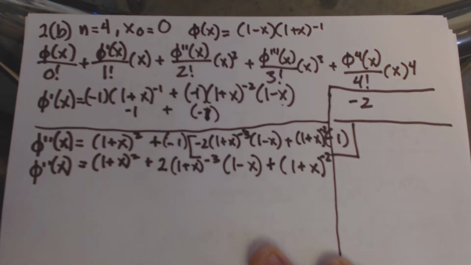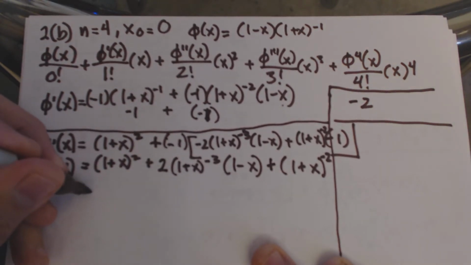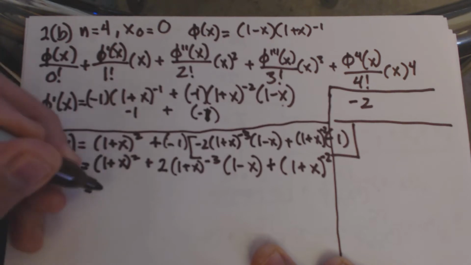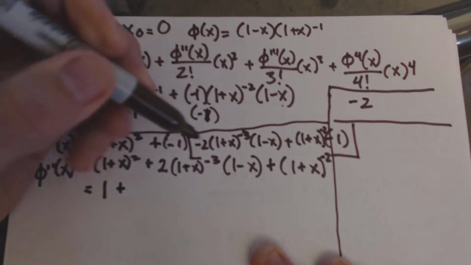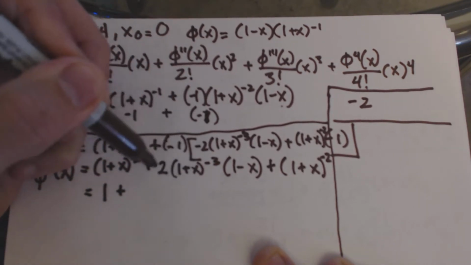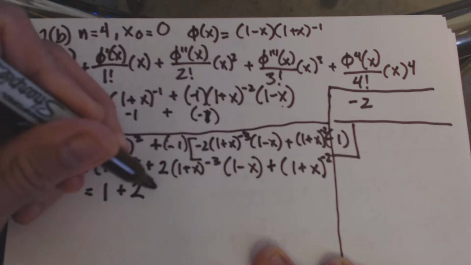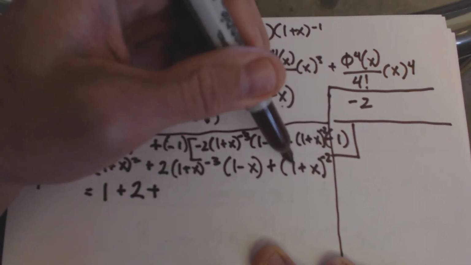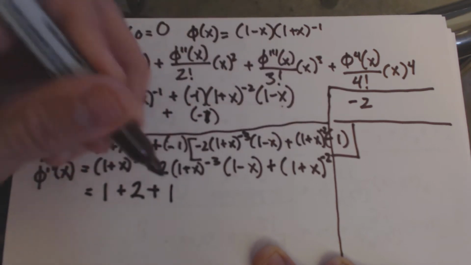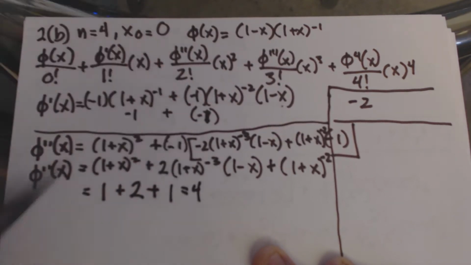Alright, so let's evaluate this at 0. We're going to get, this term is going to be 1 plus 1, so 2 times 1, so this is 2 plus 0 plus 1, so that's plus 1. So that's going to equal 4.